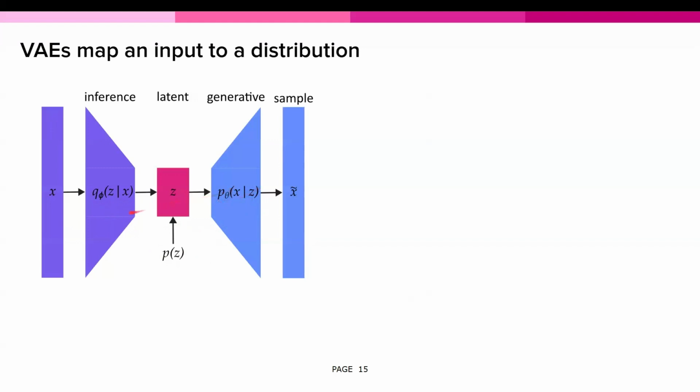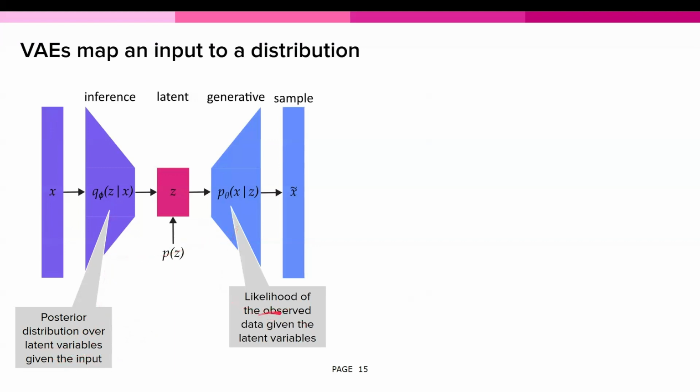So taken together, this probabilistic representation is going to allow the latent space to be continuous and smooth, making it much more suited for generating new points. Right, posterior distribution over latent variables given the input, and then the likelihood of the observed data given the latent variable.